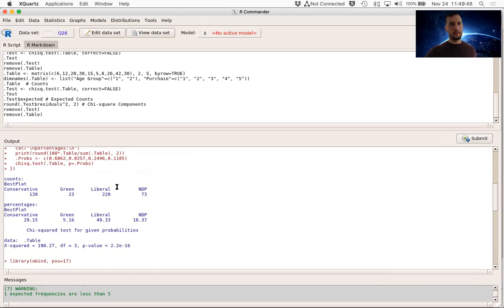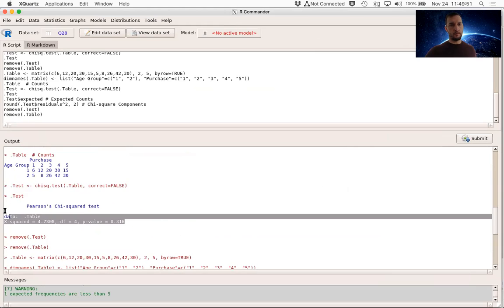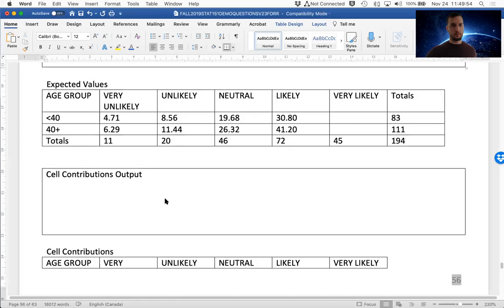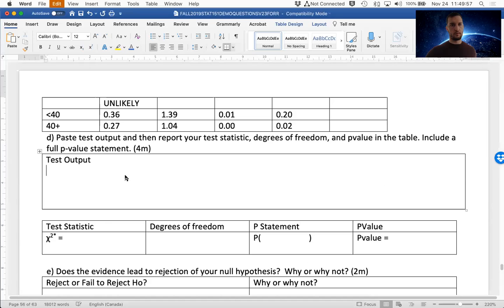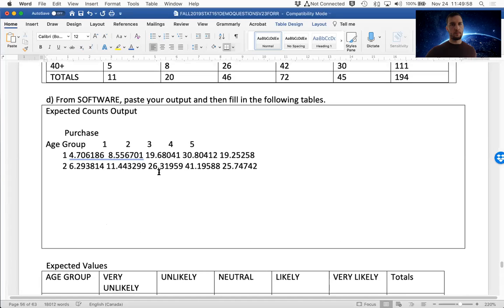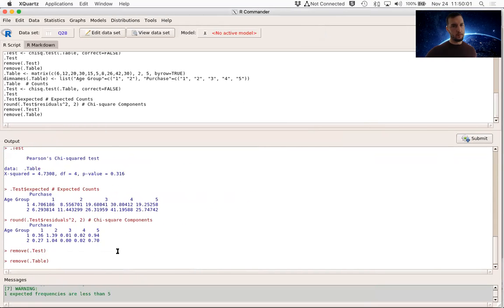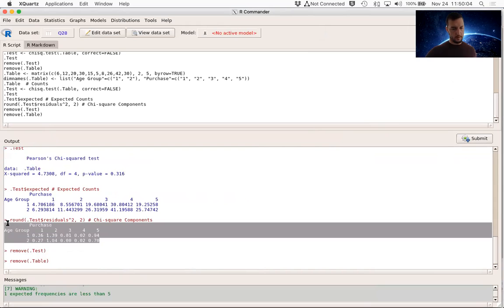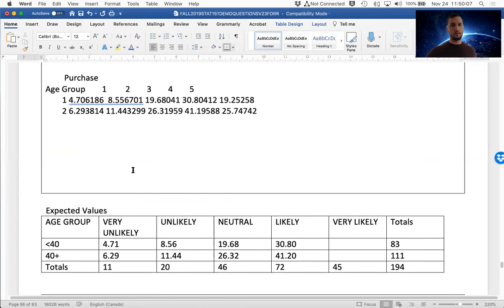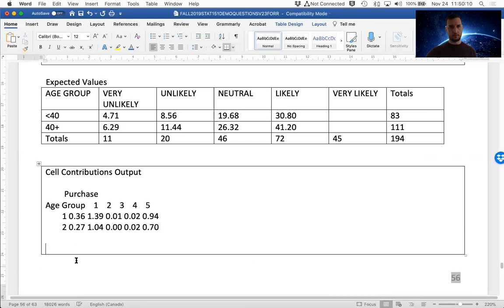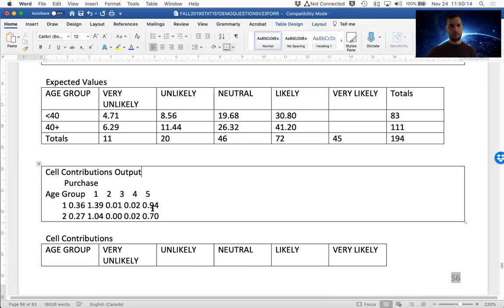And then we need the chi-square, which is given below here. And then these are the cell contributions here. We'll probably have to go back and show that again.